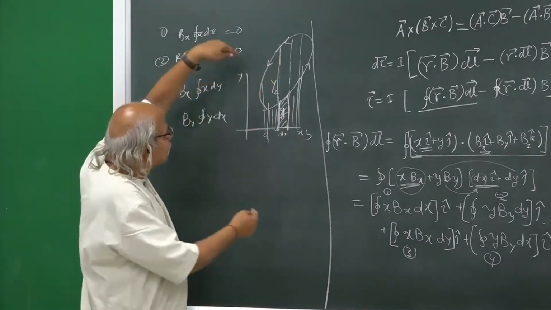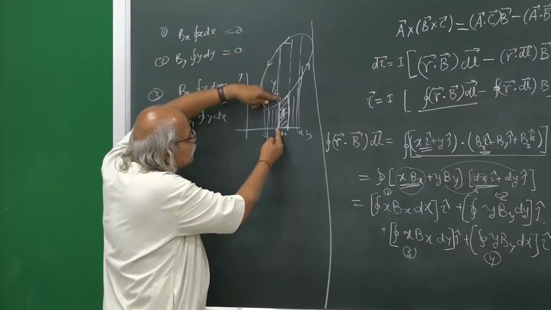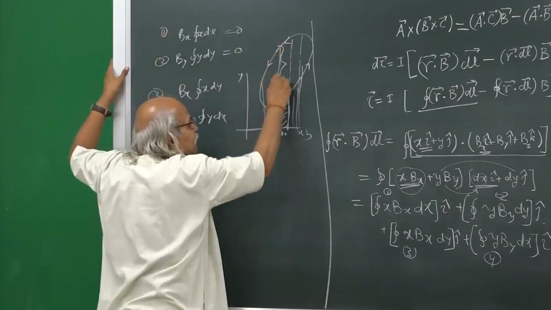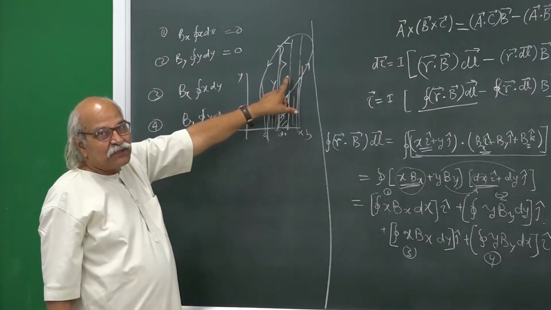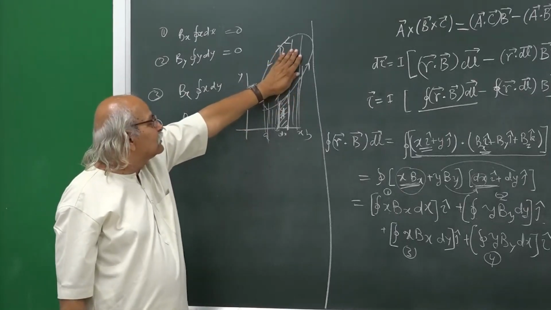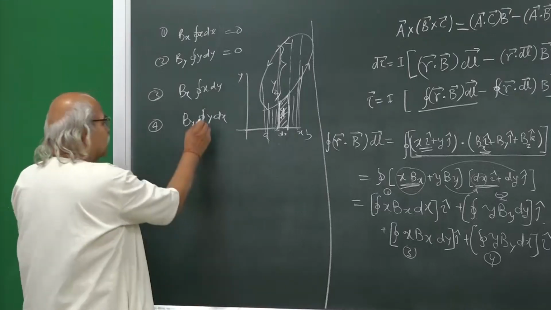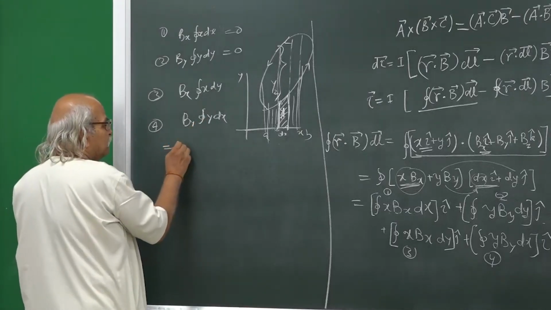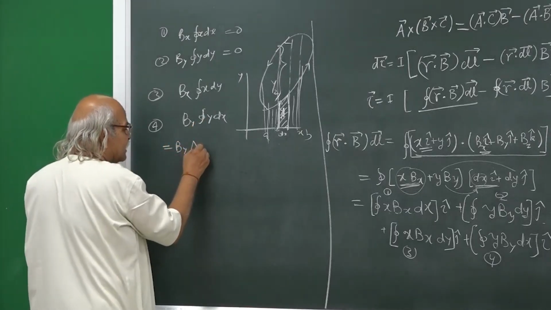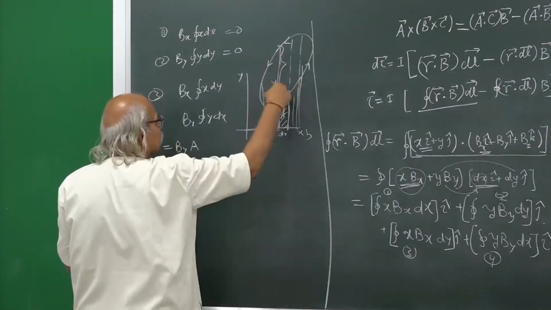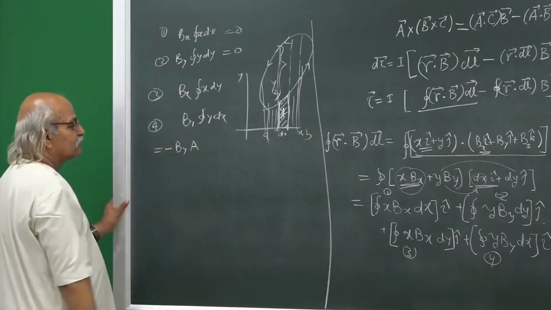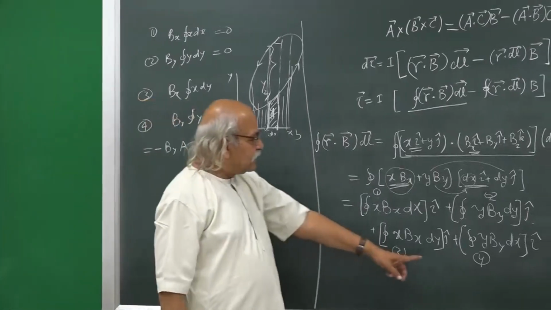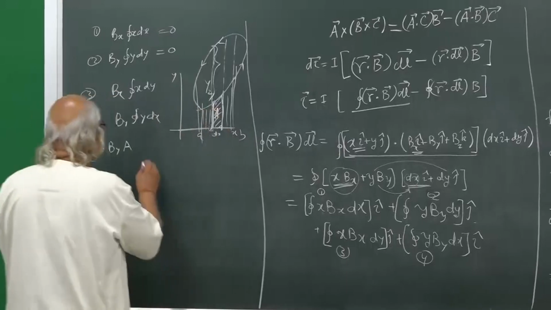So you subtract y1 from y2, and you are left with this times dx. So you are getting the area of this whole curve. So this is equal to by times the area of this curve, with a negative sign, and the fourth one is with I cap. So it is I cap here.